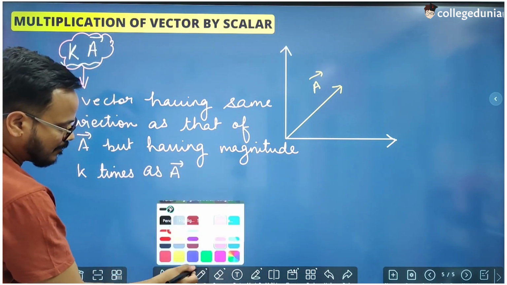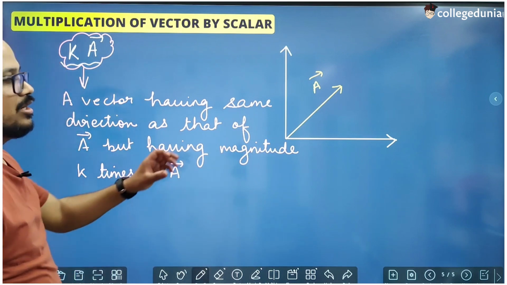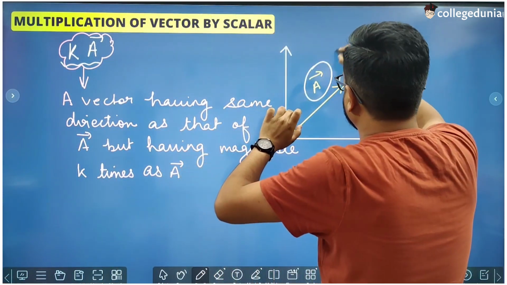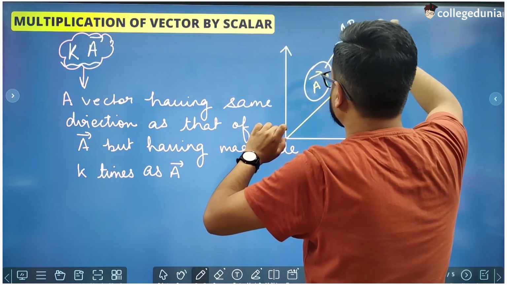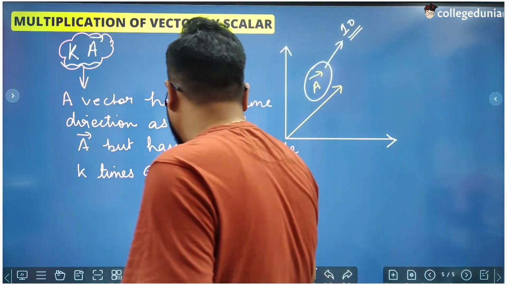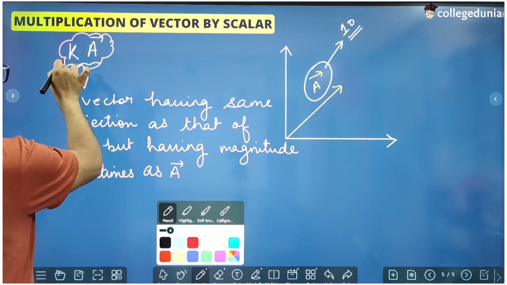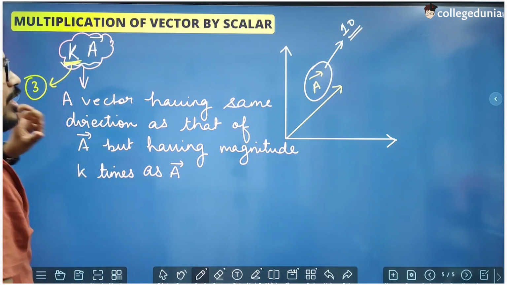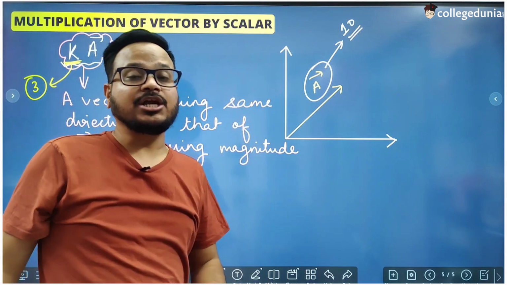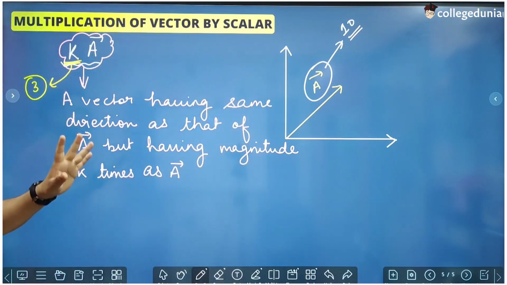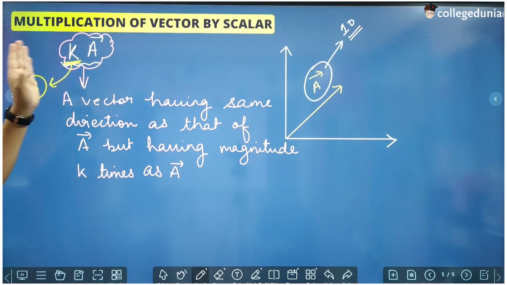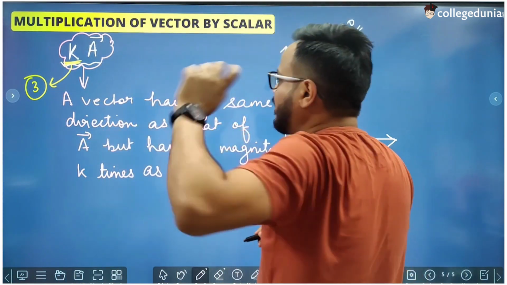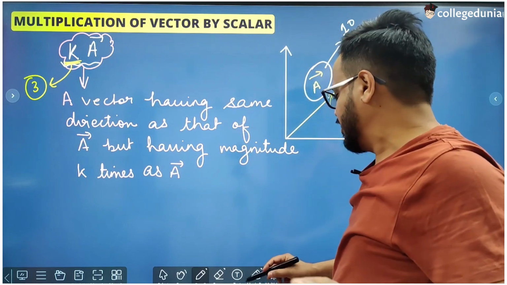Suppose we will just take an example. Suppose this vector has a magnitude of say 10 units, and now if you multiply this with 3, suppose the value of k is 3, then you are going to get a vector whose magnitude is 3 times the magnitude of A. That is, if the magnitude of A is 10 and we multiply this by 3, then the magnitude is going to be 30, but the direction remains the same.